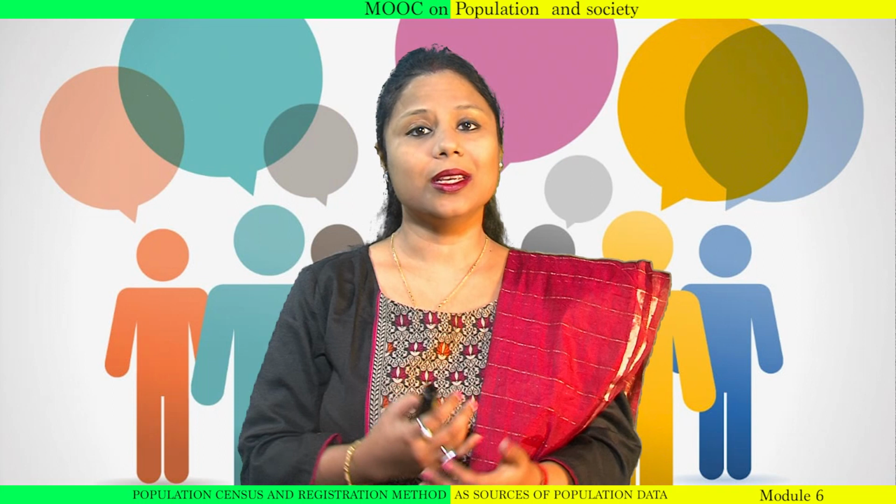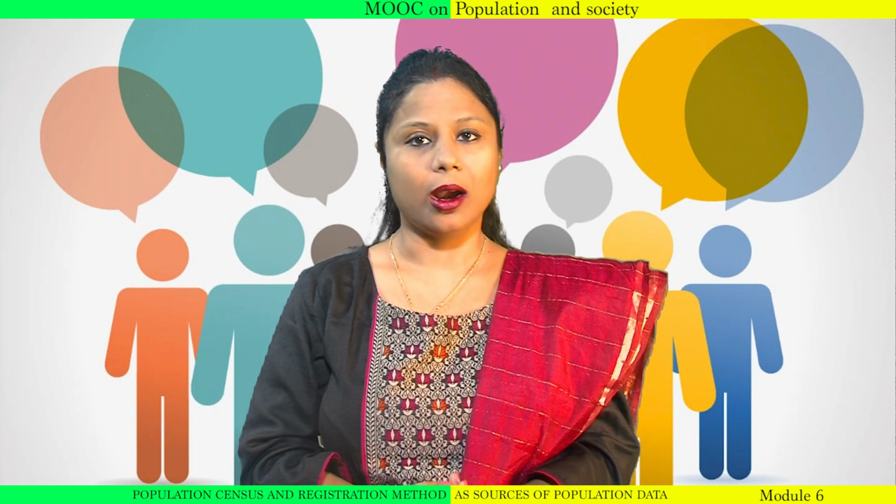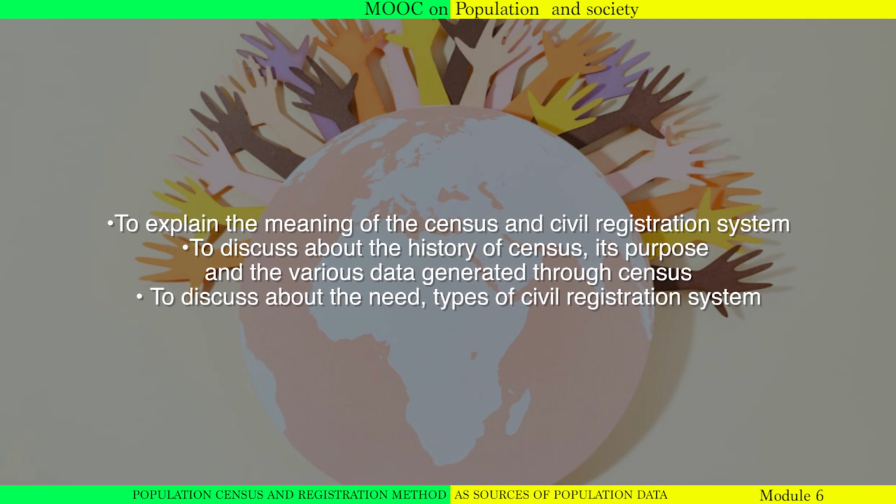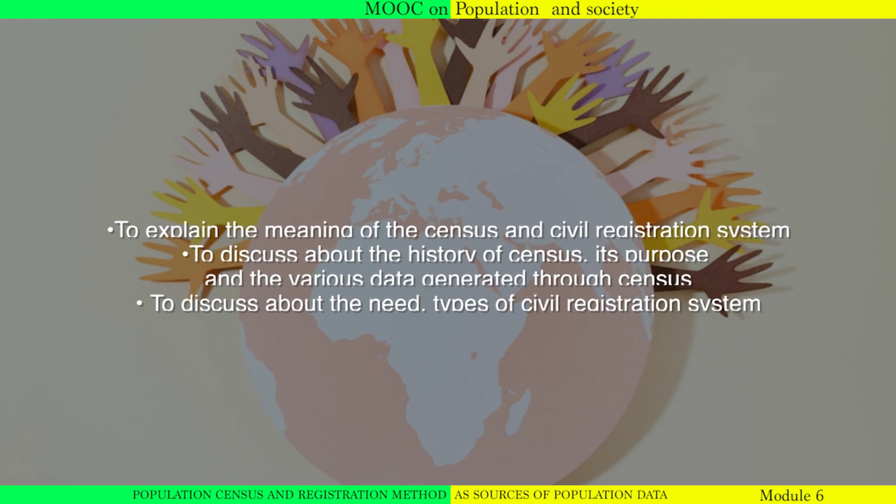So, the basic objectives of this module are to explain the meaning of census and civil registration system, to discuss the history of census, its purpose, the various data generated through census, and to discuss the need, the types and the concept of civil registration system.